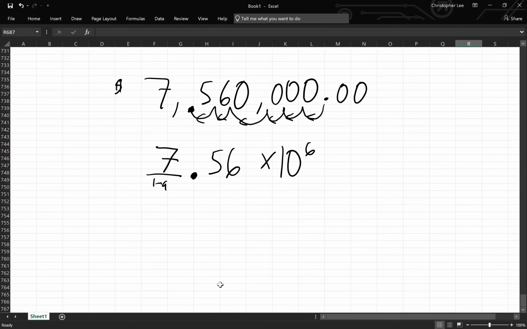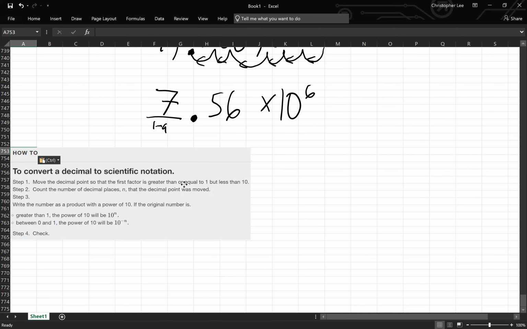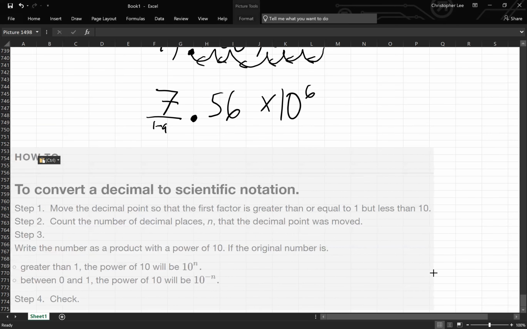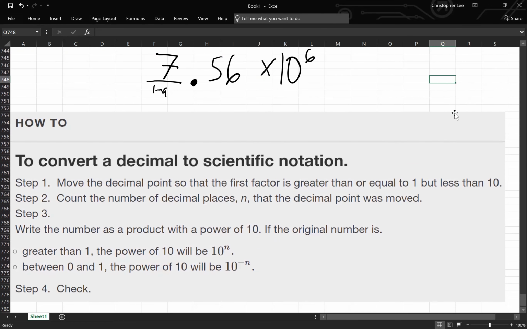Real quick, before we get into some examples, I just want to give y'all the sauce, how to do it. This is how to convert a decimal to scientific notation. Step 1, move the decimal point so that the first factor is greater than or equal to 1 but less than 10. Step 2, count the number of decimal places you moved it, N, that the decimal point was moved.